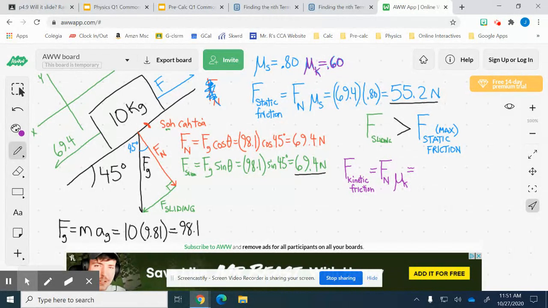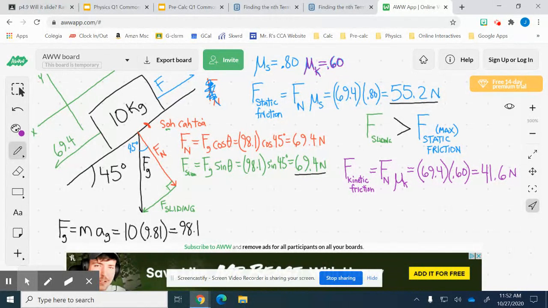So then we're going to get our normal force is 69.4. And now we've got our coefficient of kinetic friction, which is 0.60. So now we have our force of kinetic friction is going to be 69.4 times 0.6 equals, so our force of kinetic friction is going to be 41.6 newtons.